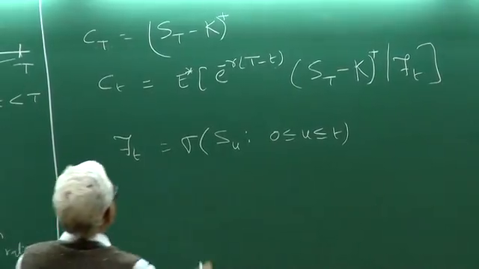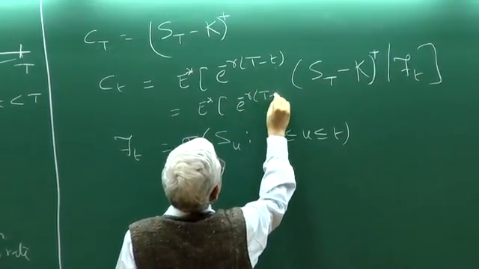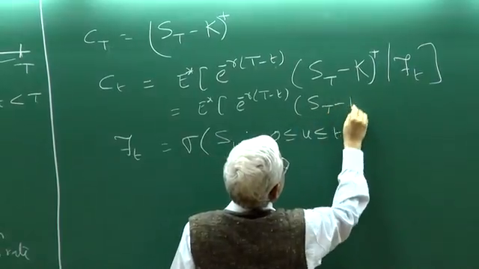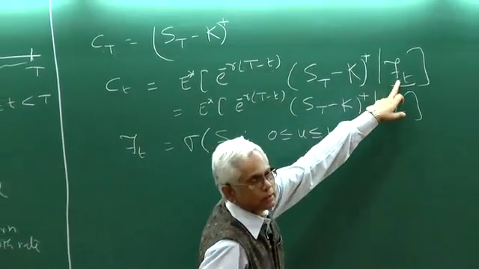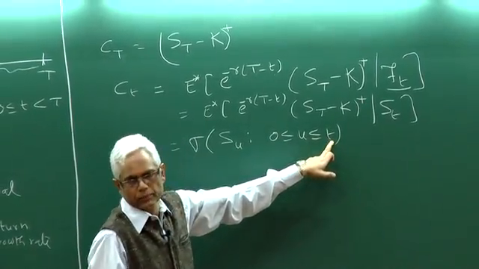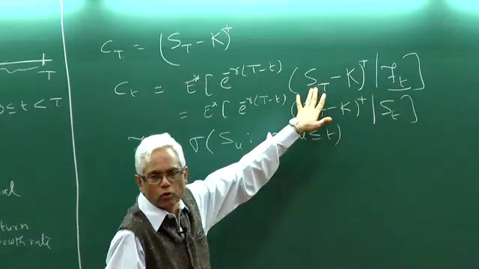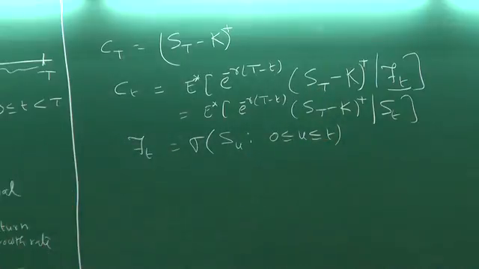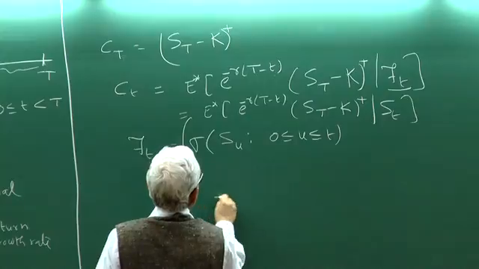But due to the Markov property, this is going to be equal to the expected value of e to the power minus r(T minus t) times (S_T minus K)^+ given only S_t. The information space starts from 0 and goes all the way to t, but since this is a Markov process, it does not need the entire past data; it builds only on the present data.